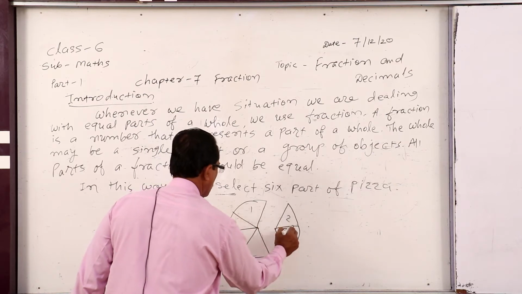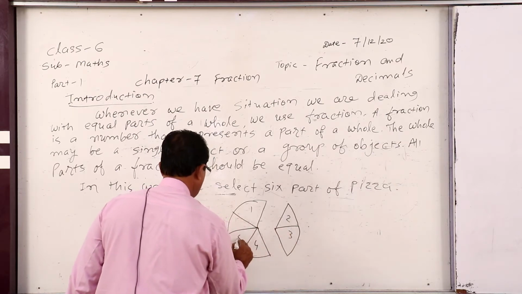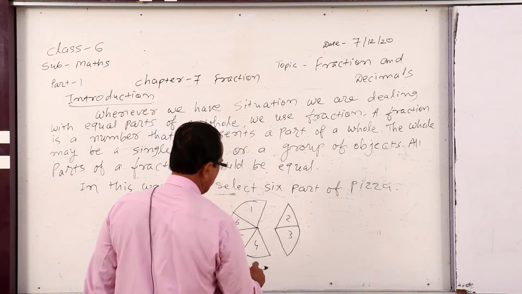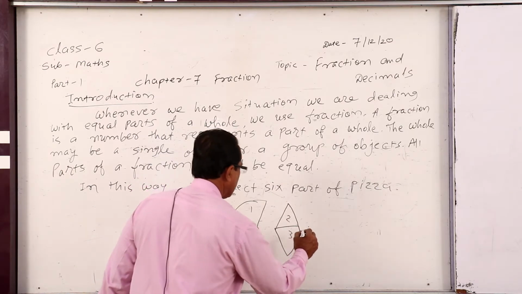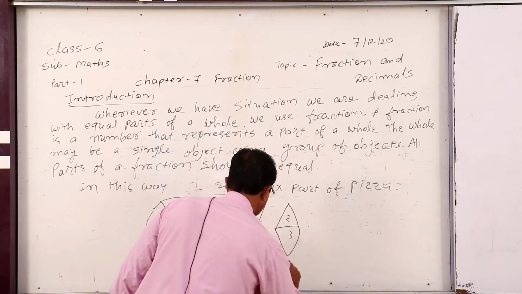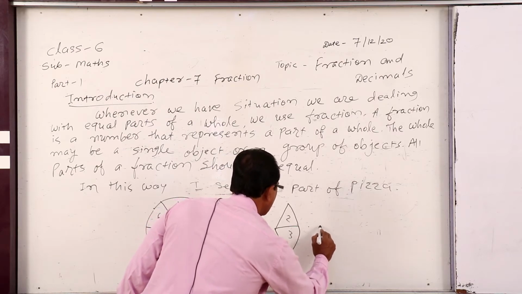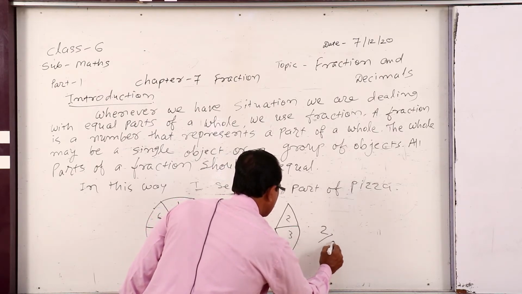See 1, 2, 3, 4, 5 and 6. So the fraction will be 2 upon 6.